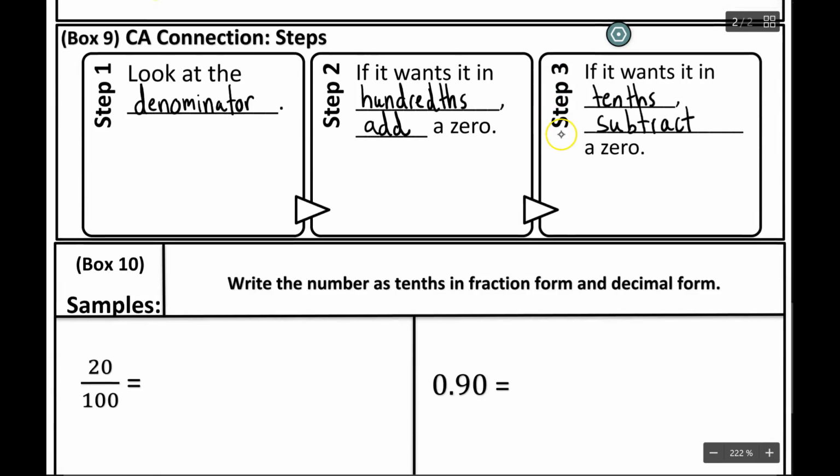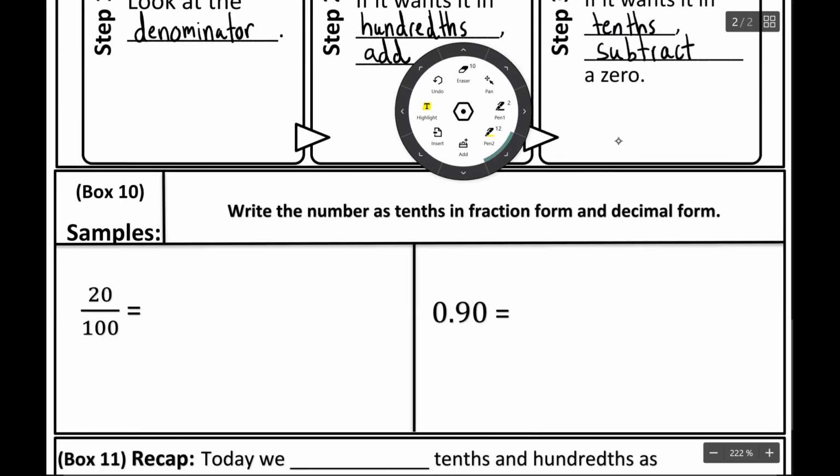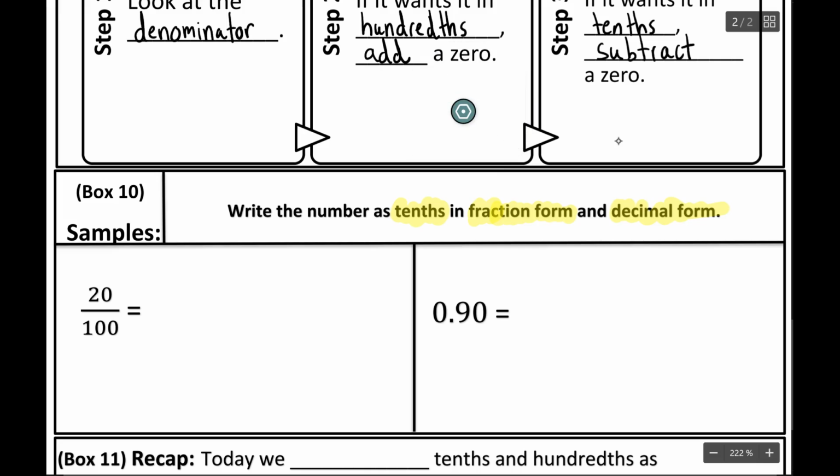So let's go look into our sample problems. Write the number as tenths in fraction form and decimal form. So again, please make sure that you read the instructions. It wants it in fraction form and decimal form, and it's asking for tenths, okay? So we need to convert the hundredths into tenths.